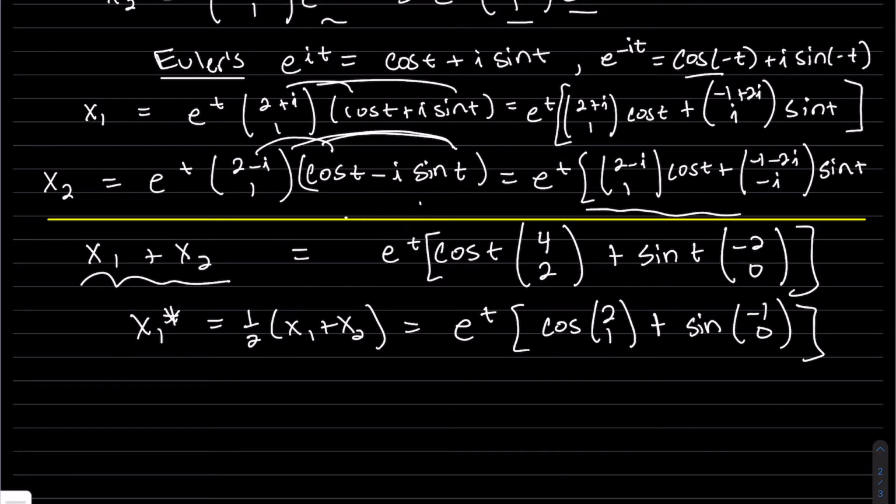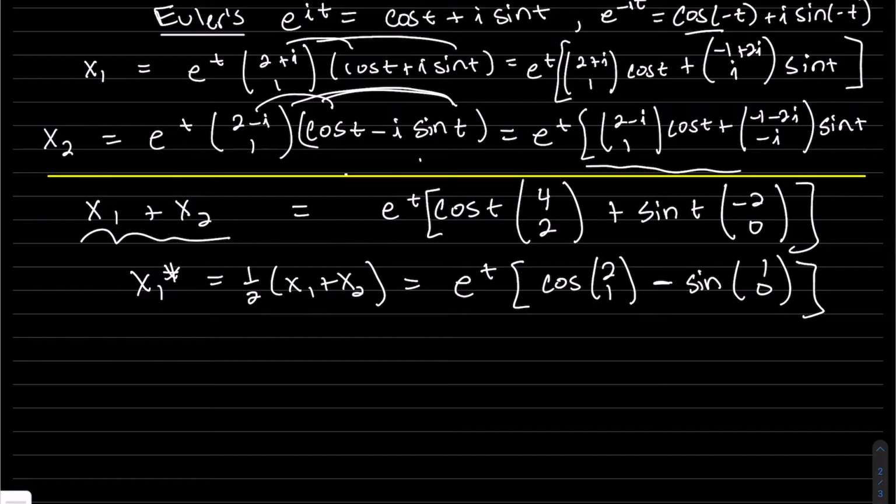But I'm actually going to distribute out that negative. And isn't that amazing how all of the imaginaries went away? Yeah. And you might recognize, after I factored that negative out, 2, 1, and 1, 0. Wasn't that the real part and the imaginary part of our first eigenvector? Yeah, it's pretty cool, huh?